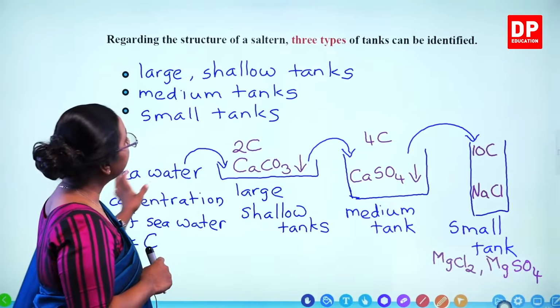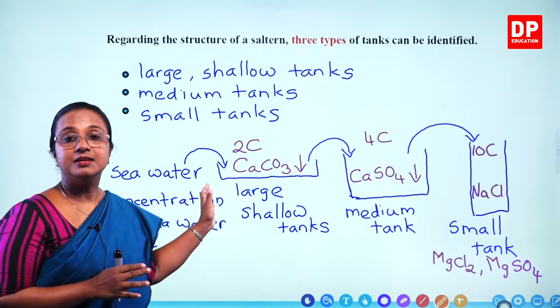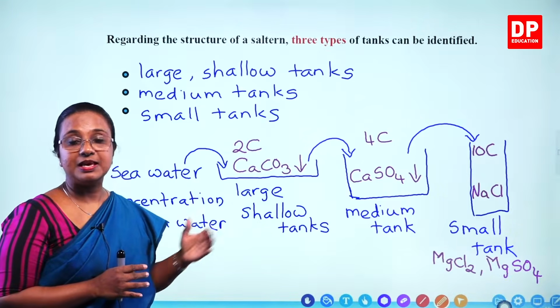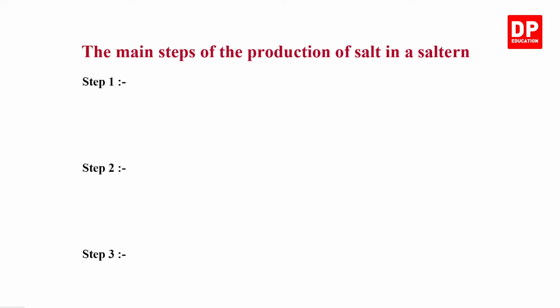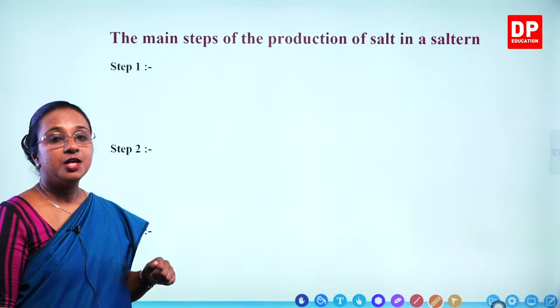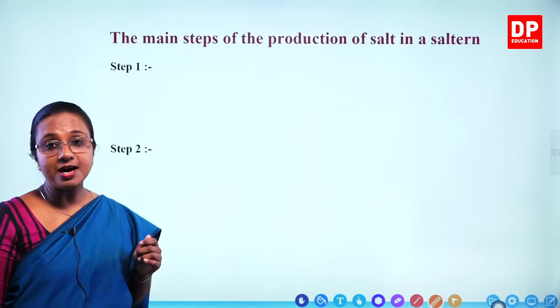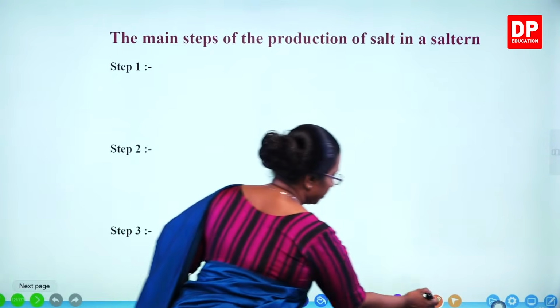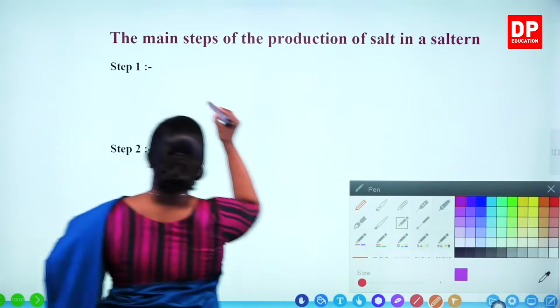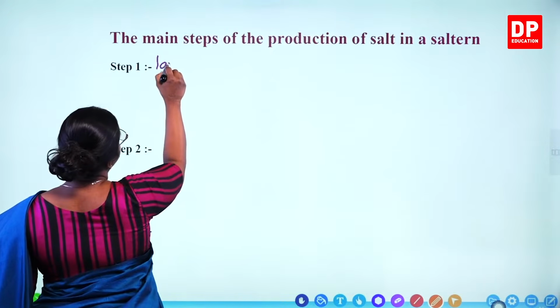So, we will again summarize the changes taking place in a saltern. The main steps of production of salt in a saltern. Initially we have the large shallow tanks.